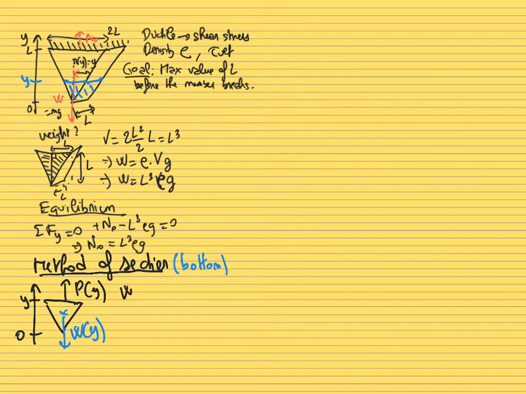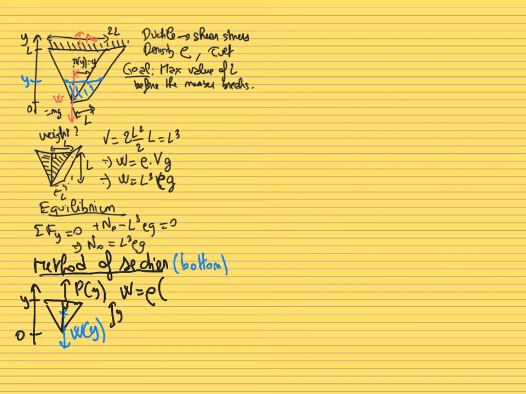To get the weight, we need the volume again. The mass of this member is given by the density times the volume. The volume, same thing, can be described as two right triangles.